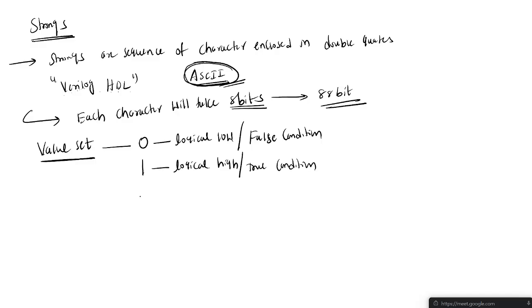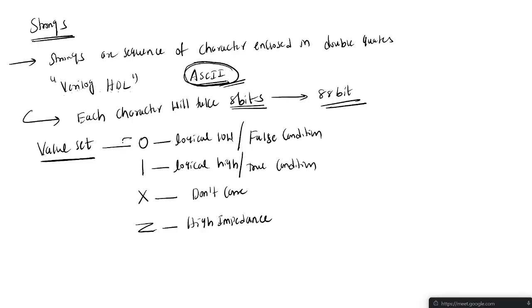Next you have X, which is don't care. And Z, which is high impedance. These are the value sets.